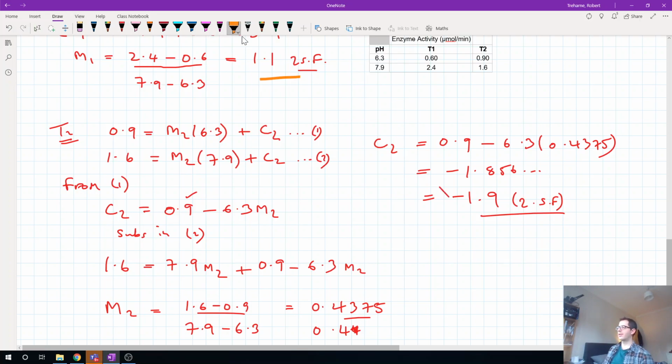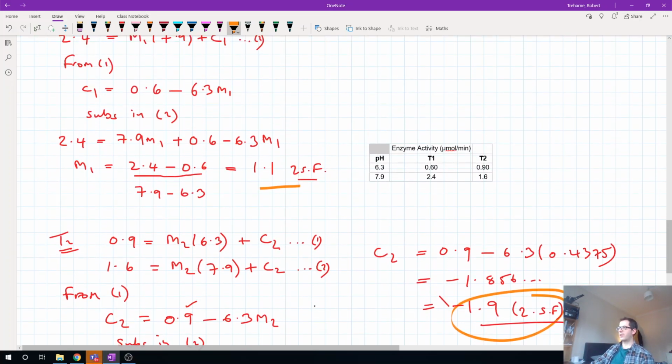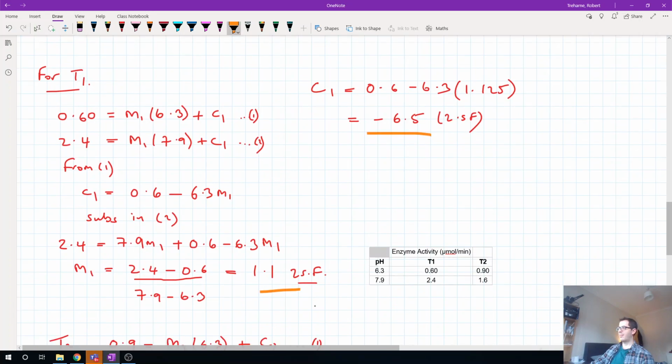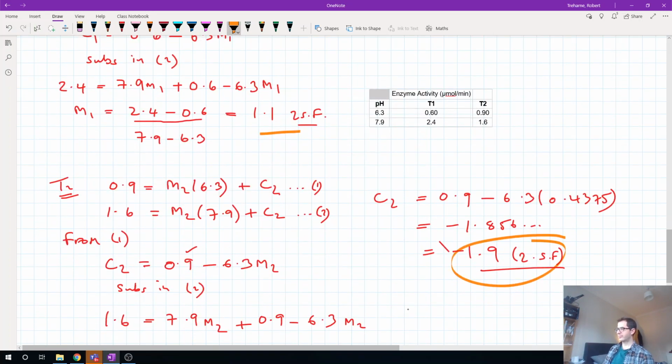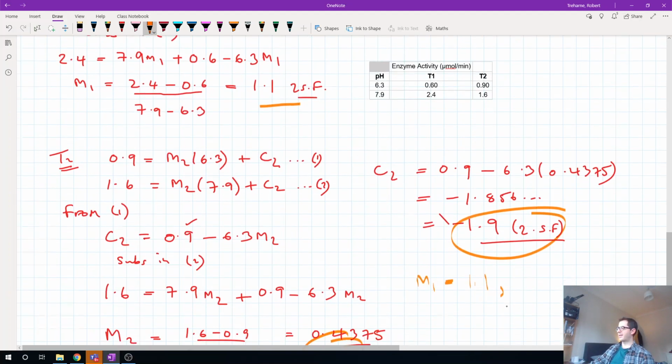I've got now C2 and M2. Okay, so let me just write those down quickly. I've got M1 is equal to 1.1, and I've got C1 is equal to minus 6.5.